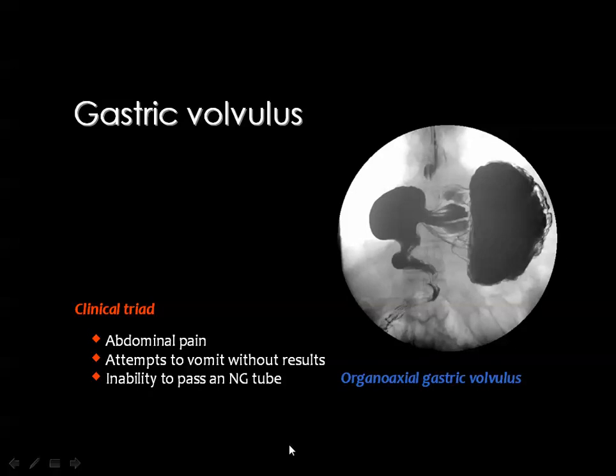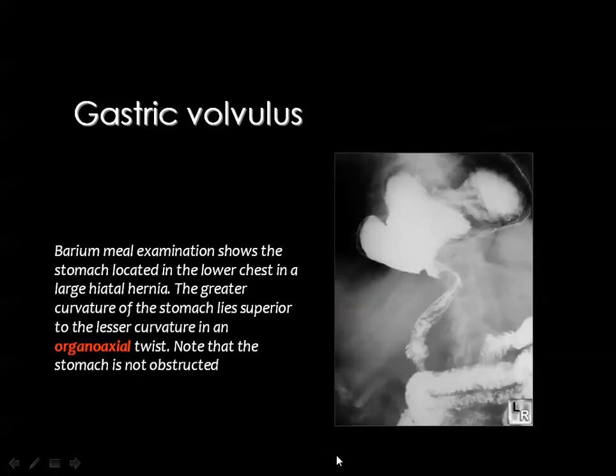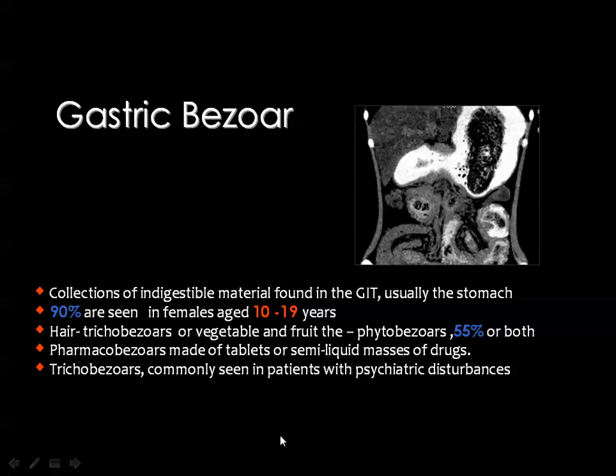The symptoms are abdominal pain, vomiting, and inability to pass the nasogastric tube in some cases, and this is organoaxial gastric volvulus as well. This is also organoaxial gastric volvulus, where you can see that the greater curvature of the stomach is facing up.